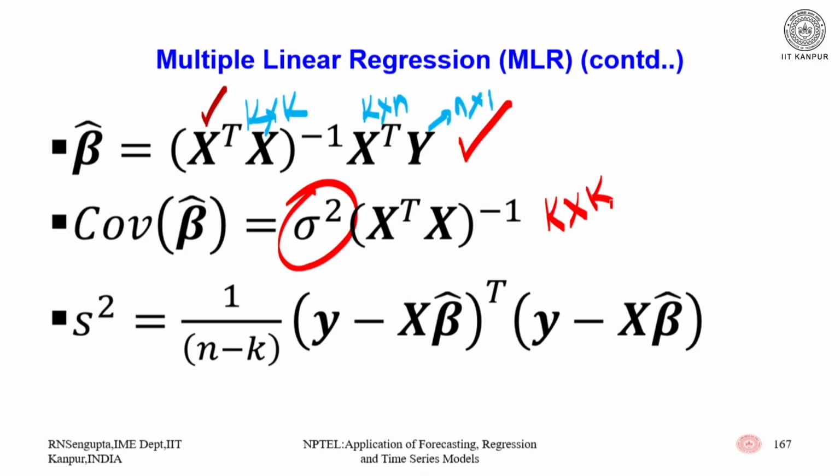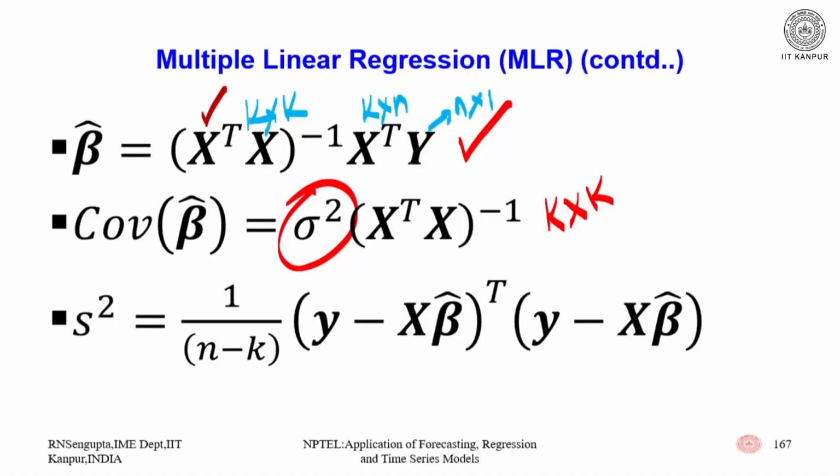Each term of x transpose x inverse is multiplied by sigma square, where the principal diagonal entries are the variances of the betas, that is the 1 comma 1 element is the variance of beta 1, and the k comma k element, the last one at the bottom right, is the variance of beta k. The off-diagonal elements are the covariances between the ith and jth values of beta, where i and j are all between 1 to k.